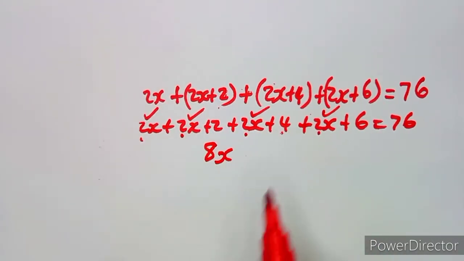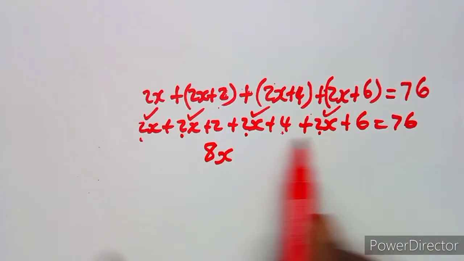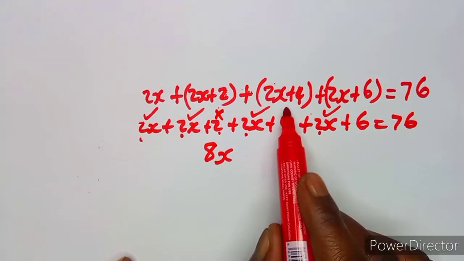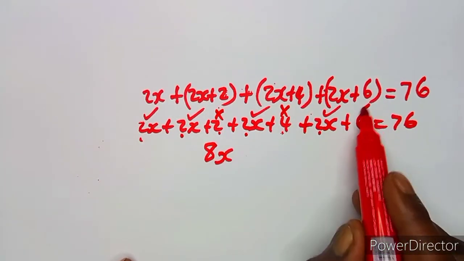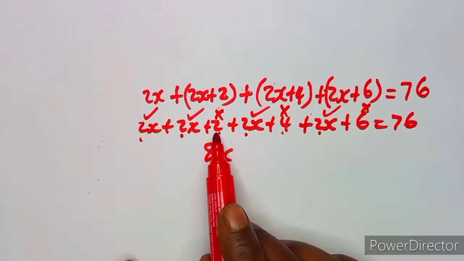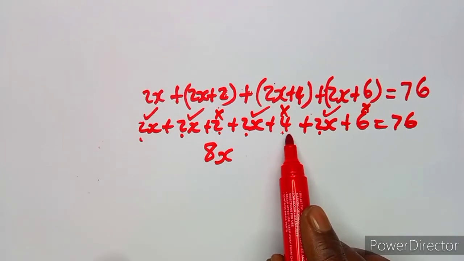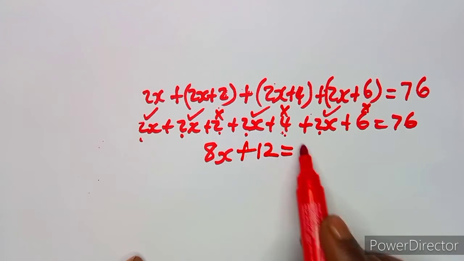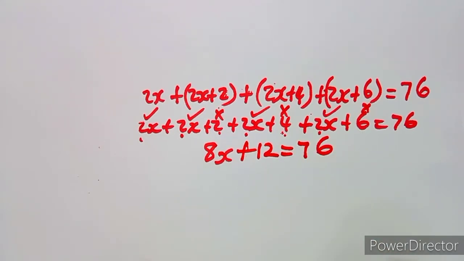So it's going to be 8x. Then you add these numbers, that's 2 and 4 and 6. So 2 plus 4 is 6, plus 6, that's 12. So it's going to be plus 12, which is equal to 76.